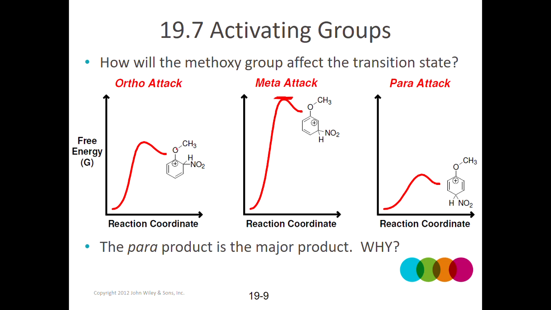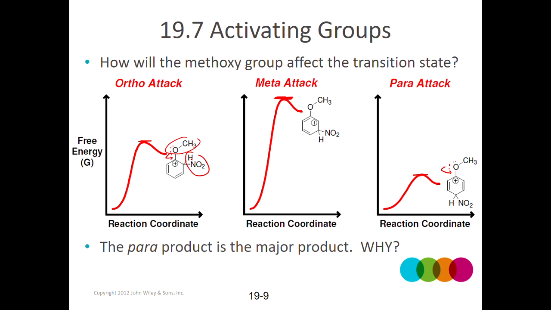It's just that the extra resonance from the oxygen is really helping to stabilize the other two, making them significantly lower in energy than the meta attack. And again, the reason the ortho transition state is higher than the para one is because of the sterics between the groups there when they're close together.